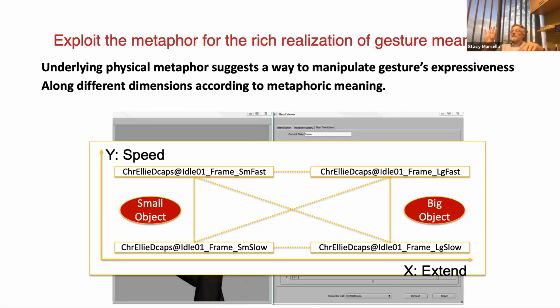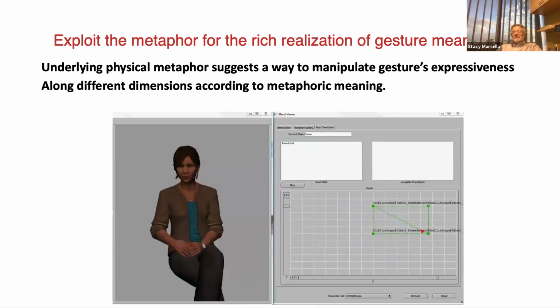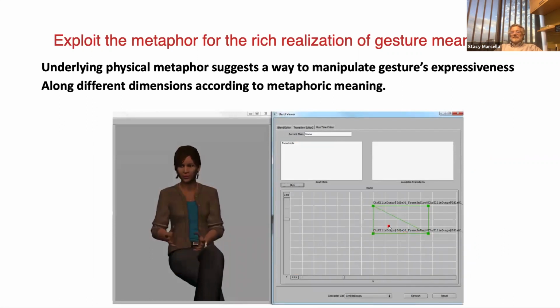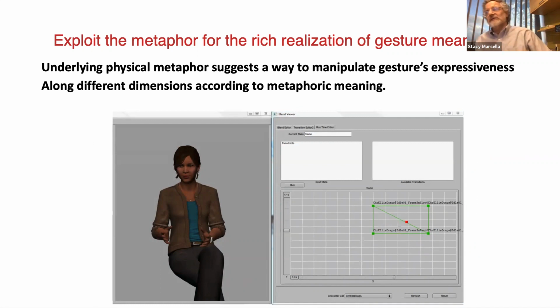And just with those four animations, you get a complete gesture space of different kinds of gestures as you move around the space, just by taking into account that the physical properties of the metaphor are tied to the variations in the animation.